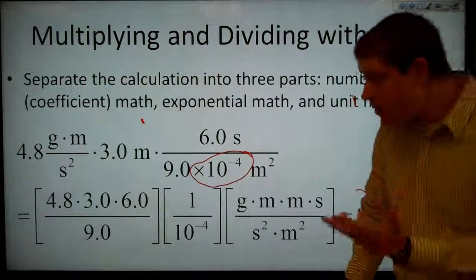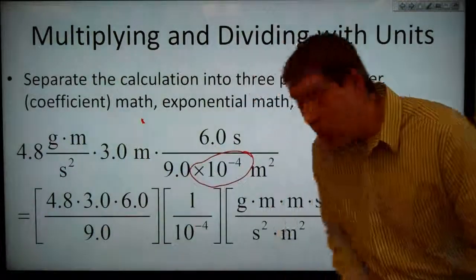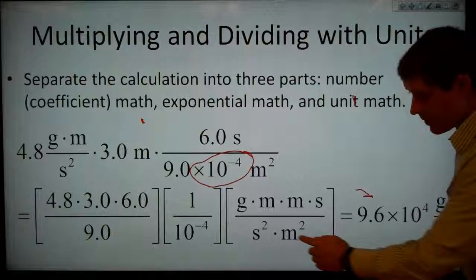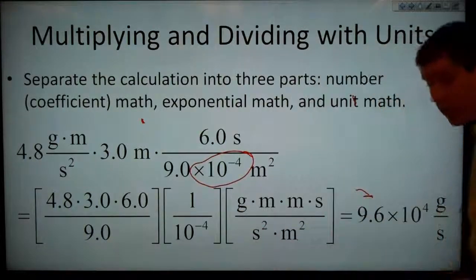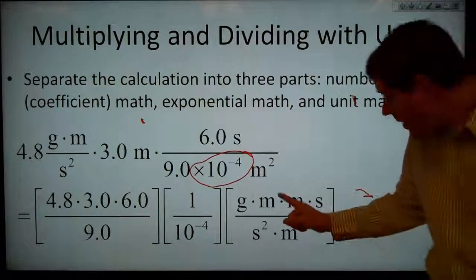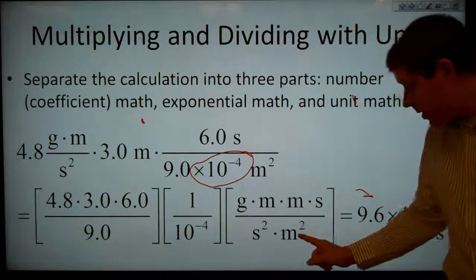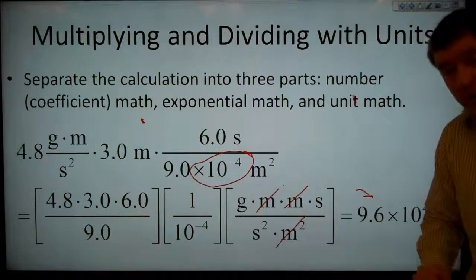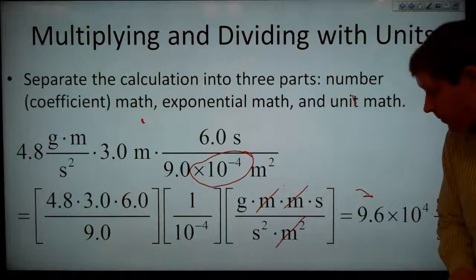So now we'll do the math. So do the coefficient math, and that ends up being 9.6. Now we do this math. So 1 over 10 to the minus 4 is 10 to the plus 4. So we've got our 10 to the plus 4. And now here we have meters times meters divided by meters squared. So the meters squared on the top and the meters squared on the bottom cancel.